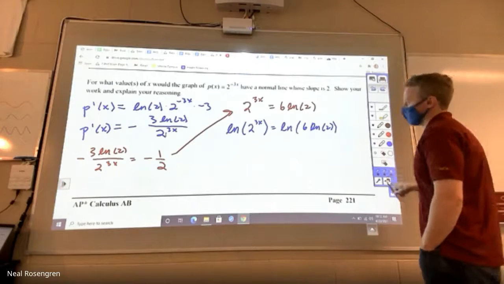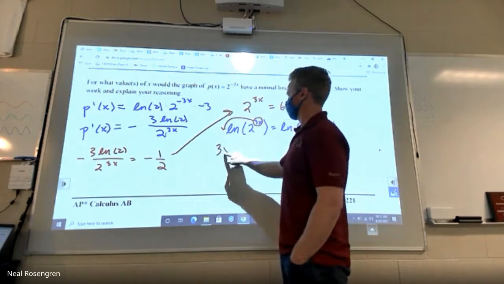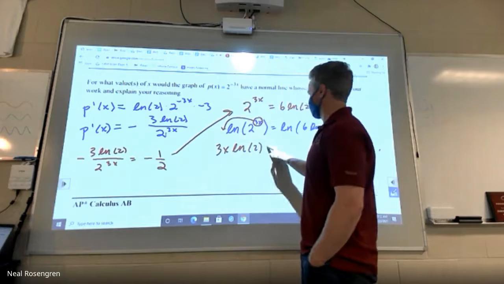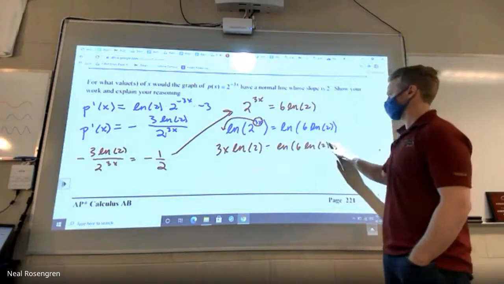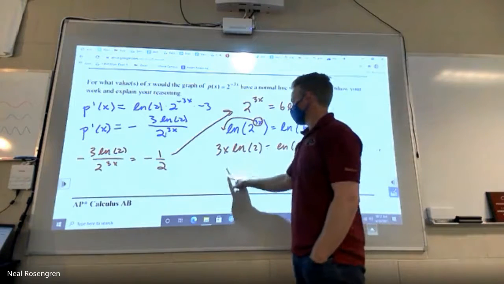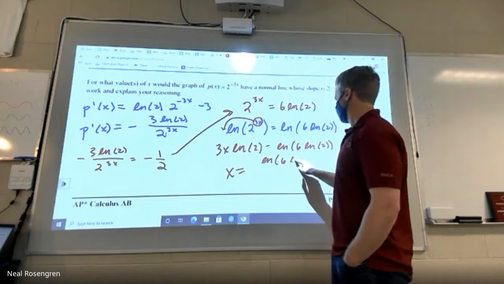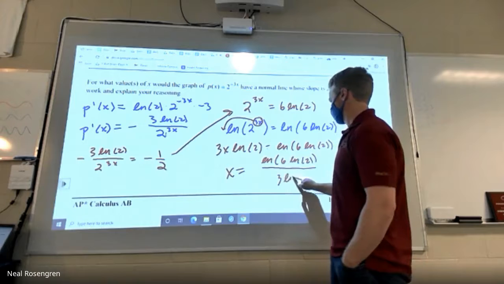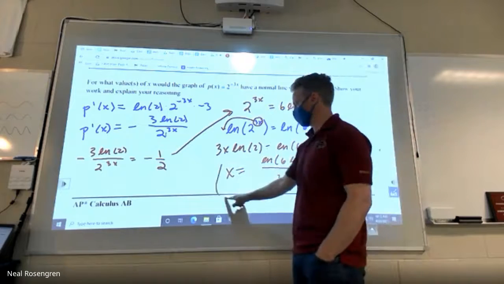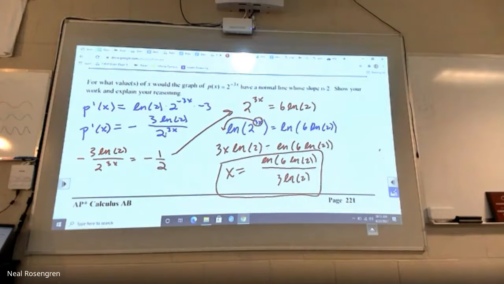Well, properties of logs say take that exponent and drop it in front. 3x ln of 2 equals ln of 6 ln of 2. And divide. Voila. Yuck. Whatever that is.